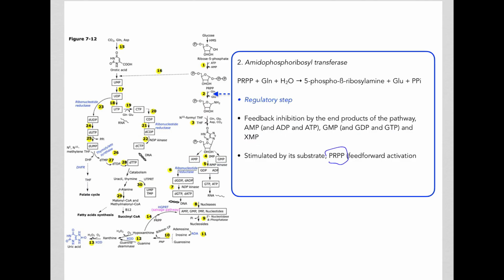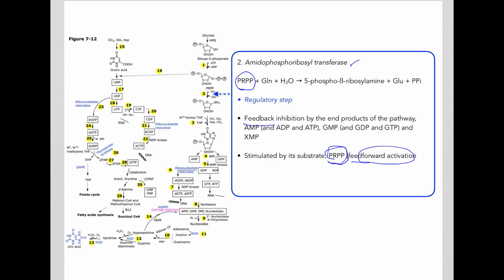PRPP, which is the substrate for this enzyme, is actually an activator. So the more PRPP that is present, the more this enzyme will be active, and this is called feed-forward activation.